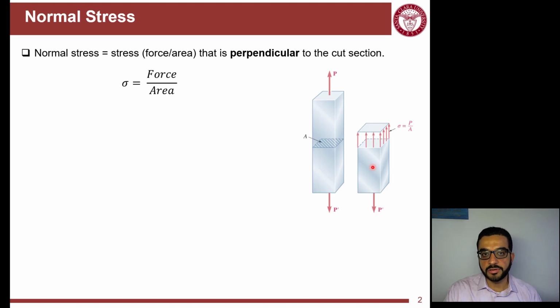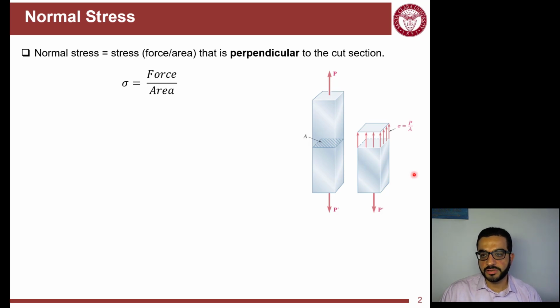We saw in the previous part of this lesson the definition of stresses in general, and we introduced the idea of three types of stresses: normal, shear, and bearing stresses. Here, normal stress is a force per area by the definition of a stress, but we're careful about defining it as perpendicular to the surface of my cut section.